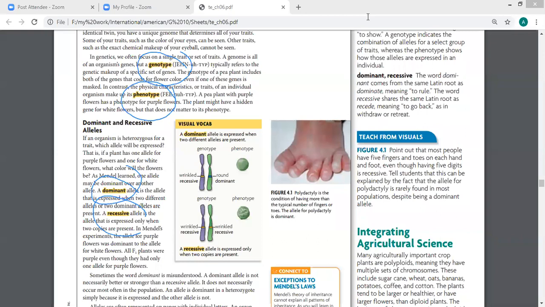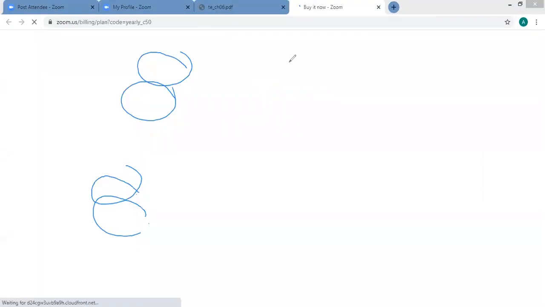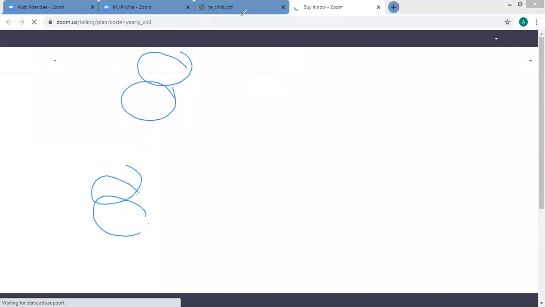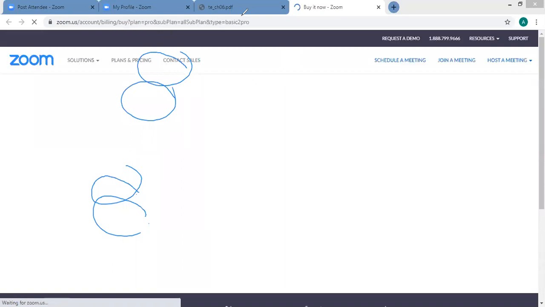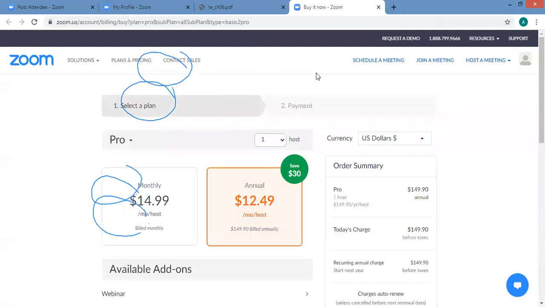The common traits that appear in most of us are called dominant, and the traits that appear in some of us are called recessive. The difference between dominant and recessive is not related to them being better or stronger than us.